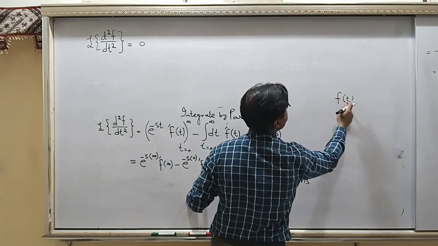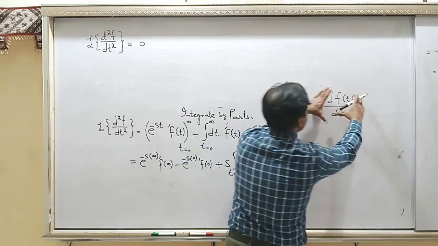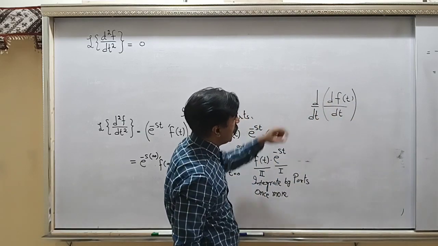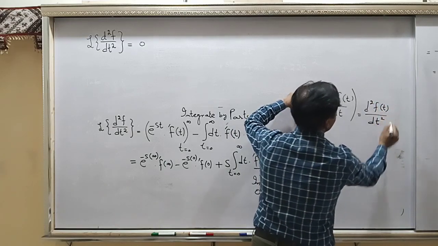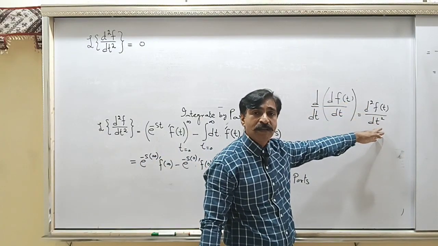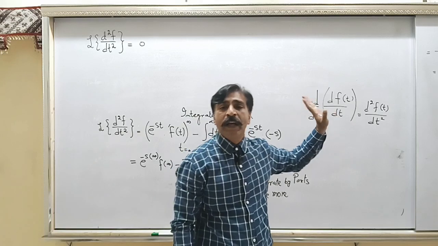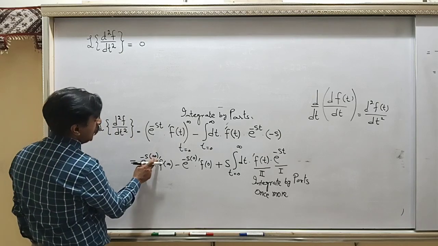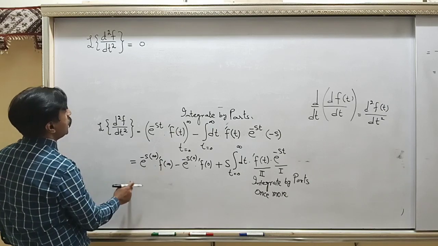If f is continuous and differentiable, it can be further differentiated with respect to t, and this makes d2f by dt square. So when you are asked to find its Laplace transform, it means f is a continuous and differentiable function, and such functions are finite, which means the value of the derivative at infinity is a finite number. So 0 into a finite number will be 0.